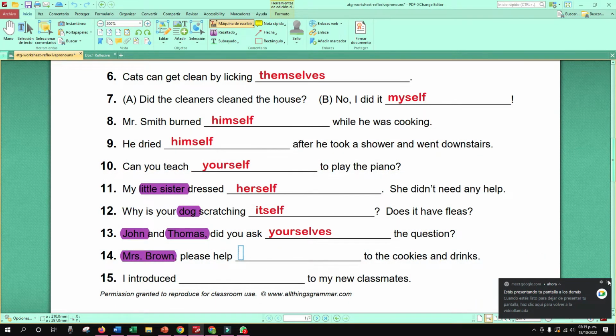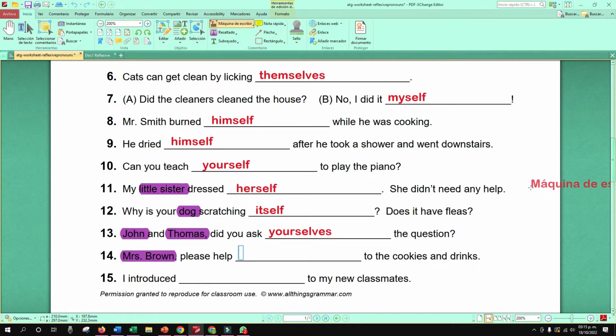Yes, Abby. En ese caso, you are saying yourself. Excellent. Entonces, digamos, Miss Brown, yo llego donde Abby le digo, Abby, please help yourself to the cookies and drink.